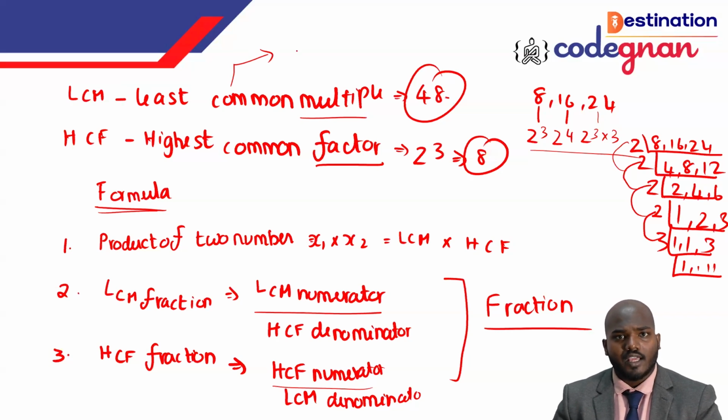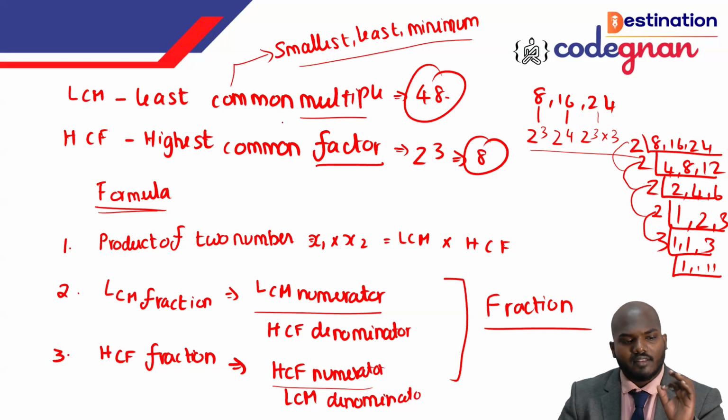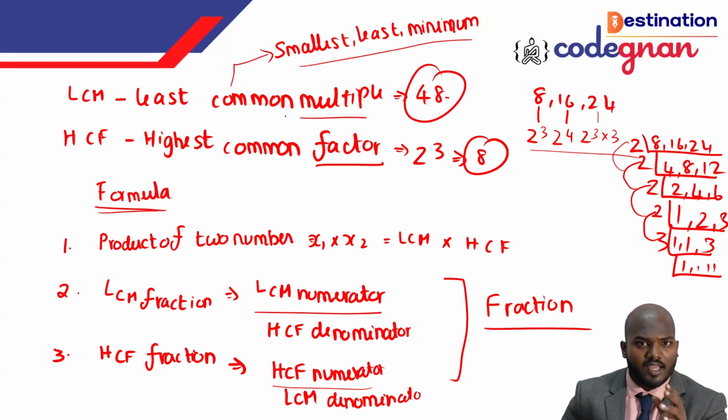They will give you some keywords that you need to understand. If they are indicating LCM, they will give you keywords like smallest, least, and minimum. These kinds of words they will give inside, and they will ask you the LCM indirectly.